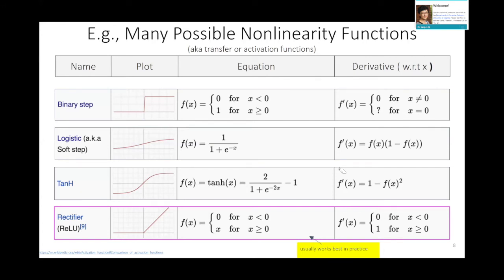They all have fairly simple equations, but in the end they have an S or reversed S shape. The rectifier layer is a little bit different. It's a piecewise linear squash. And actually now the rectifier layer is used more. It's almost the most popular nonlinear layer.